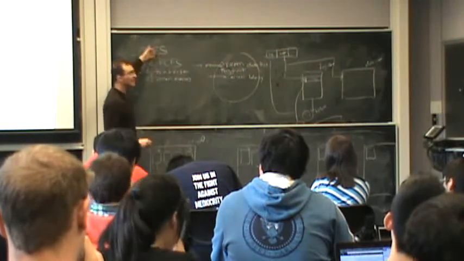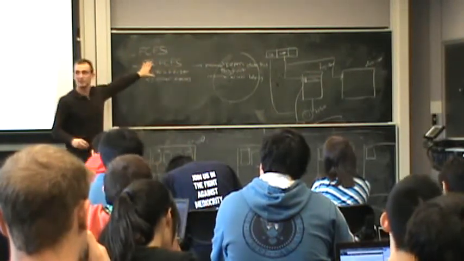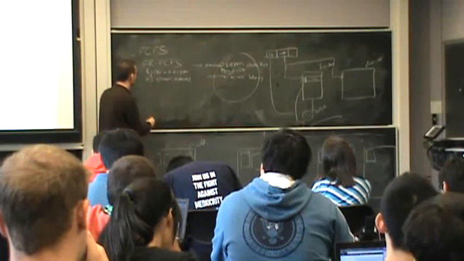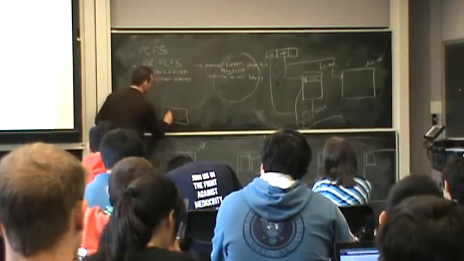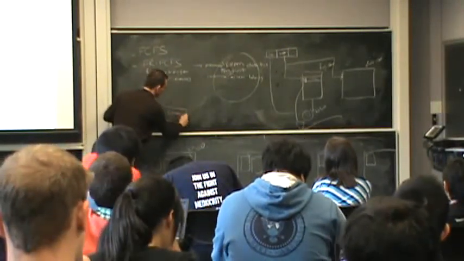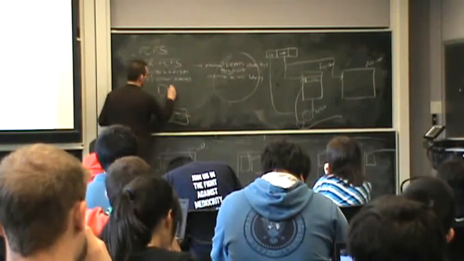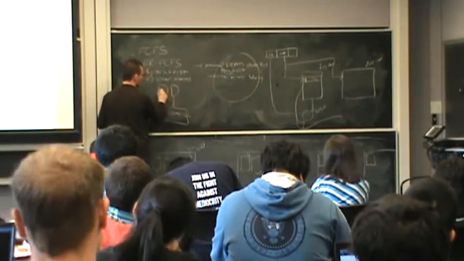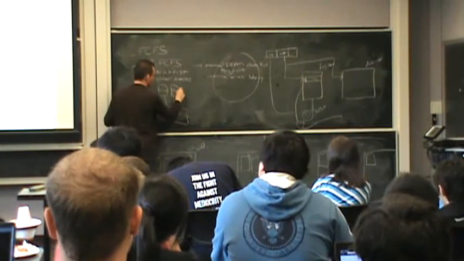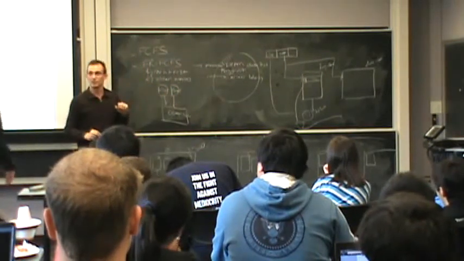So the issue with these policies, when you have them in a multi-core system, is now you have multiple applications sharing the memory controller, right? This is your DRAM controller. And you have, let's say, two cores. Core 0, core 1. They will share the memory controller.